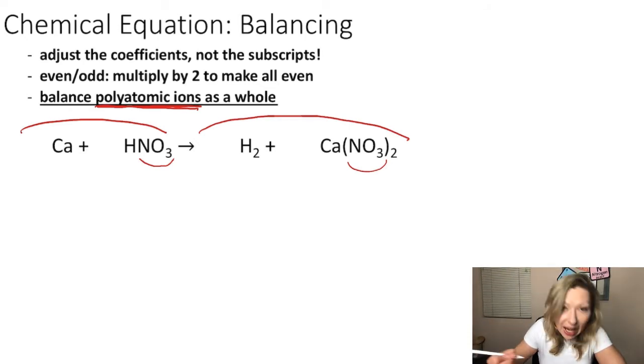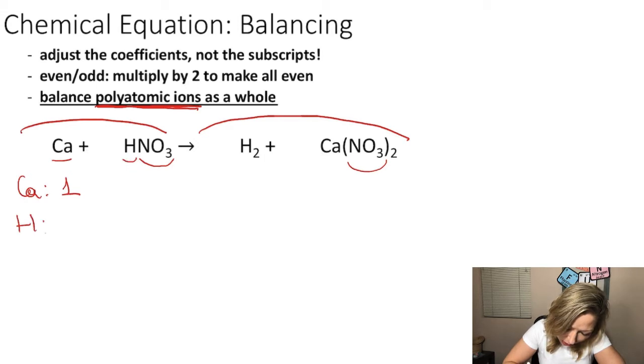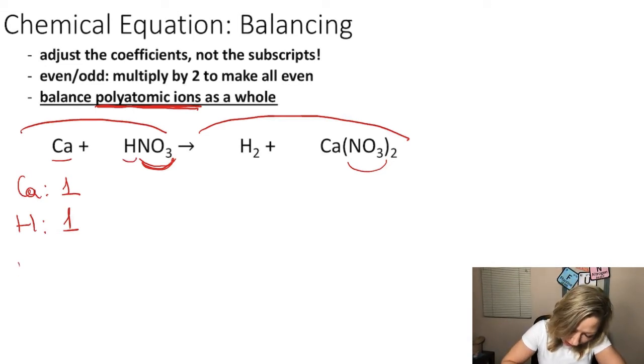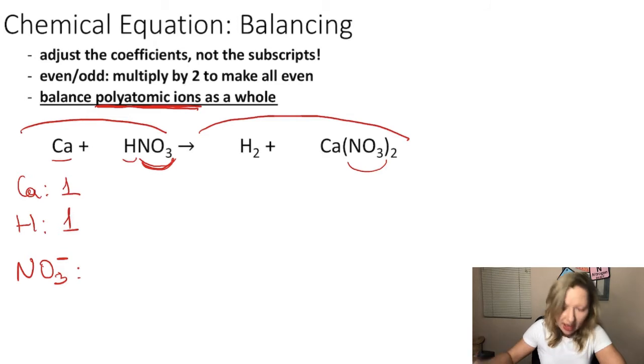Let's start with counting the number of atoms as we usually do. So calcium, how many calcium atoms do I have? 1, right? Then hydrogen, 1 again. And NO3, I'm going to take it as a whole. So NO3, and this is an ion, it actually has a 1 minus sign. So how many do I have of that? 1 only, right?